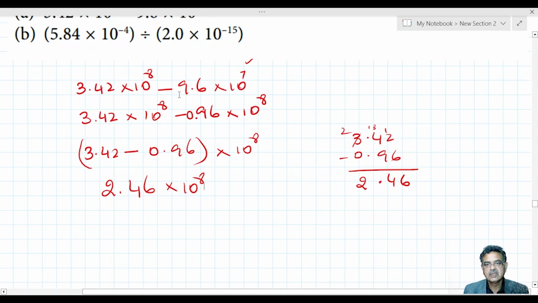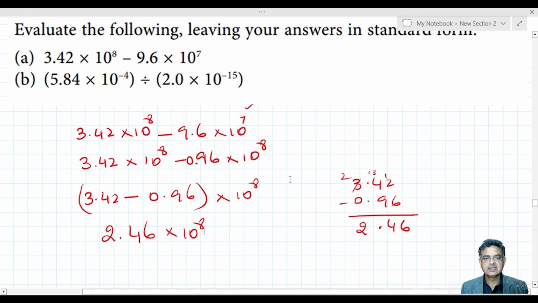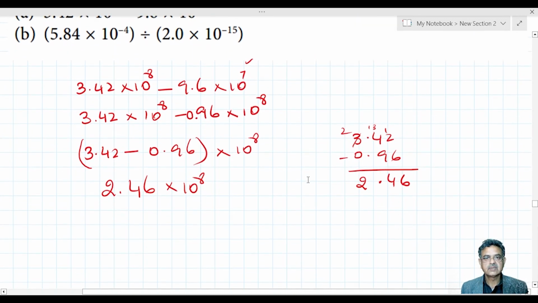So this was 9.6. If you move one decimal place to this side, then this increase in power will be adjusted here. Then you subtract it from here, so that will be 2.46 into 10 to the power 8, because 10 to the power 8 is common now. So this is an easier way to understand and solve this.